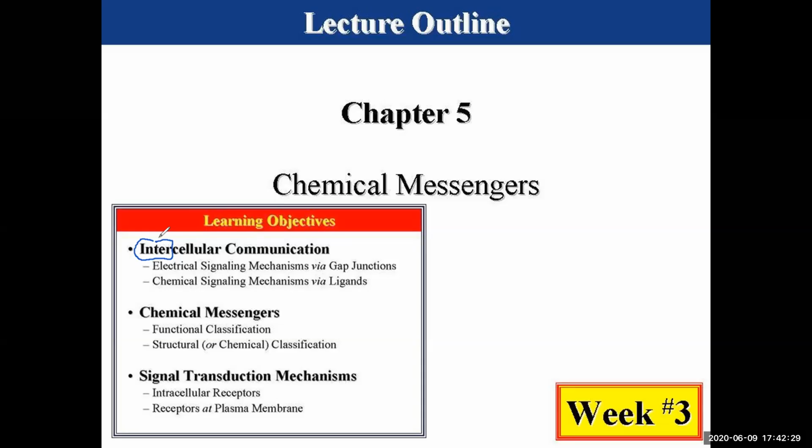It can be short distance, it can be long distance. The point is the communication is between two distinct cells. Those two cells can be next to each other, or those two cells can be completely within two different organ systems. Okay?